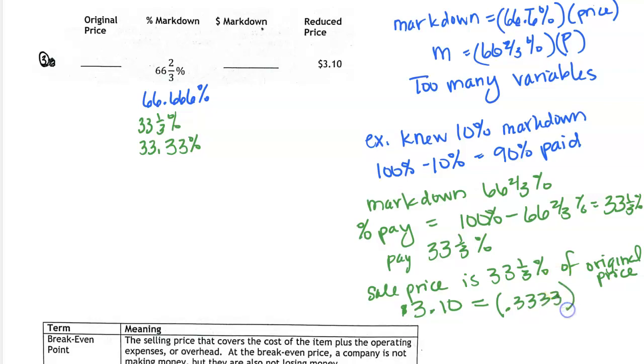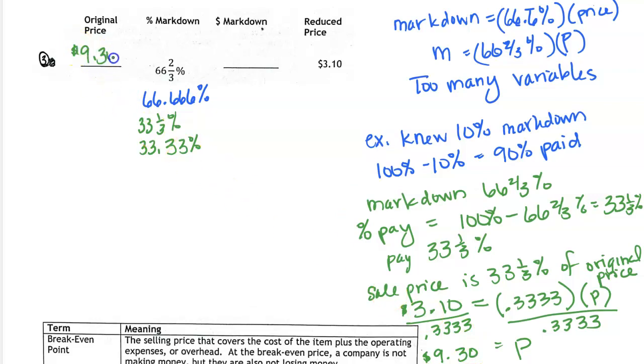I'm just going to do a couple of threes because it keeps going on. And again, I'll use P for the original price. Solving, if I divide by that decimal, I get that the original price was $9.30. Let me put that here for the original price.